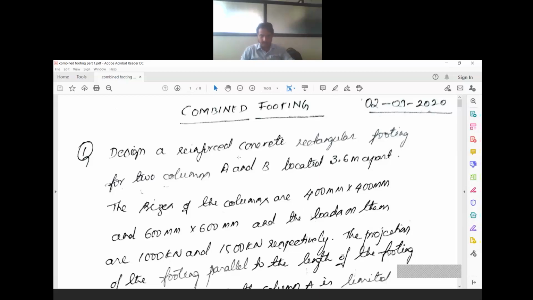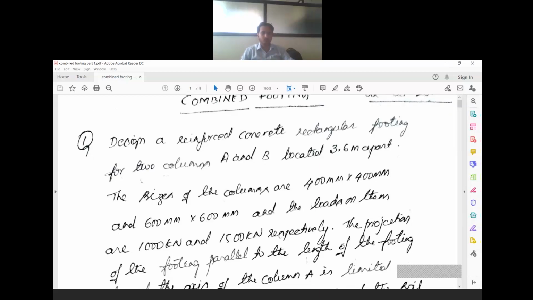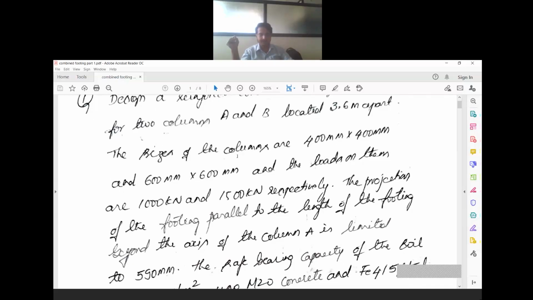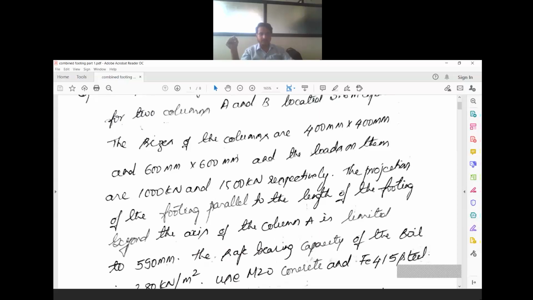Design a reinforced concrete rectangular footing for two columns, A and B, located 3.5 meters apart. The sizes of the columns are 400 by 400 and 600 by 600, and the loads on them are 1000 kilonewton and 1500 kilonewton respectively.